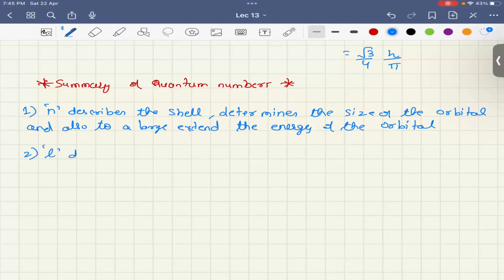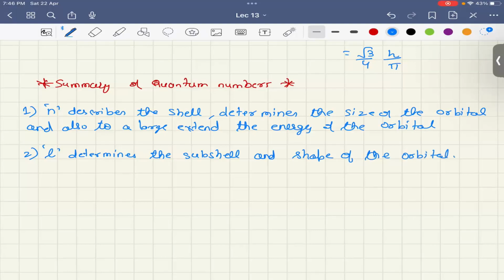So L determines the subshell and shape of the orbital, right? There are n subshells in the nth shell, right?